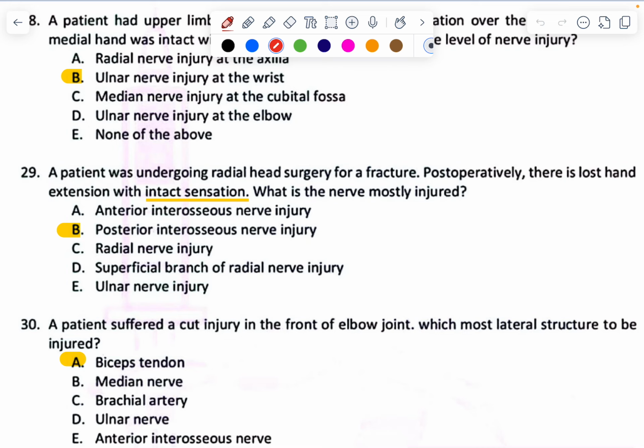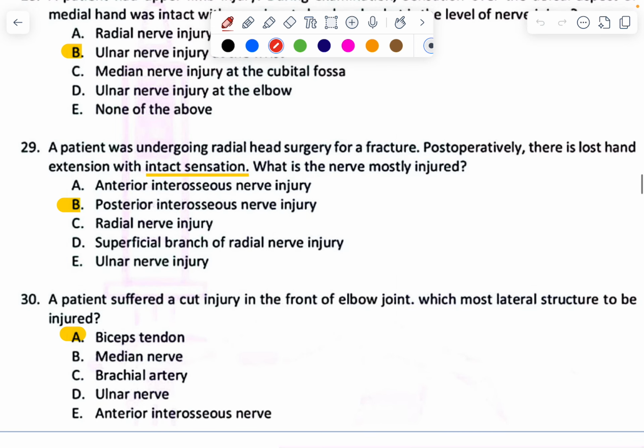Median, brachial, ulnar, these are all there. So anterior interosseous is not here; it is a branch of median. So biceps tendon is the most lateral among these. Ulnar is most medial, then brachial artery, then biceps tendon, then radial nerve.